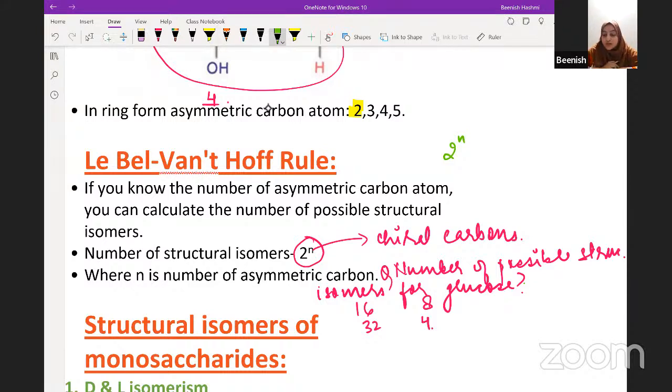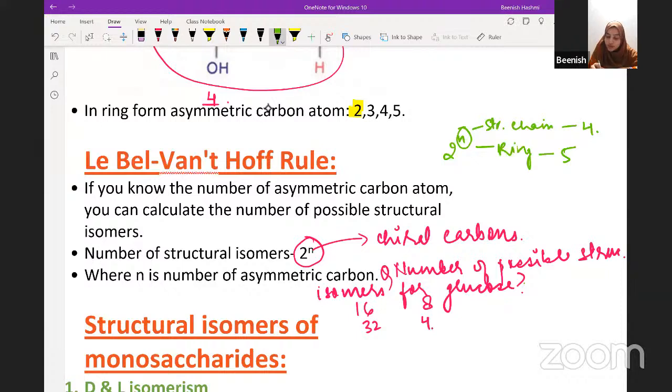But now the question arises, you must be thinking whether you should take this n according to the straight chain or according to the ring structure. Because in the straight chain there are only 4 asymmetric carbon atoms and in the ring there are 5.